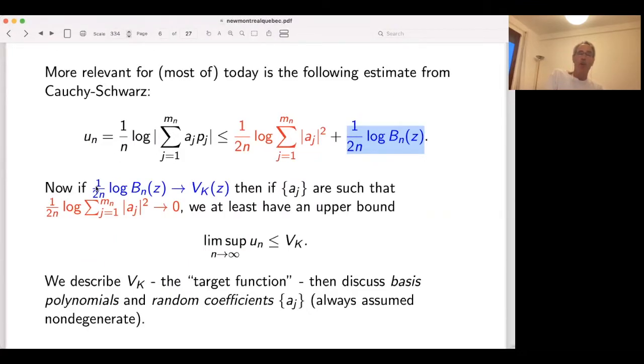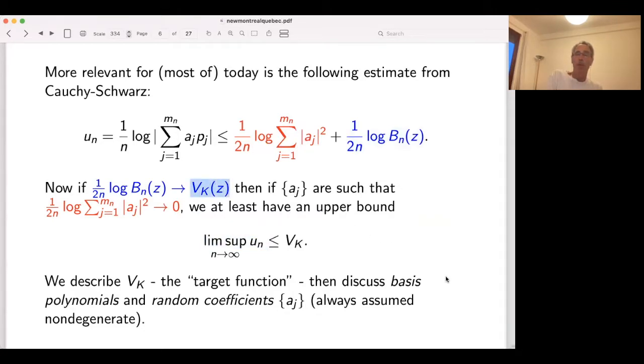If we know that the blue piece, this deterministic piece, converges to some standard thing, which will be to come, and if these random variables are such that the red piece, the probabilistic piece, goes to 0 in the appropriate sense, then at least we'll have an upper bound: the lim sup of this sequence u sub n is dominated by this deterministic piece v sub k.